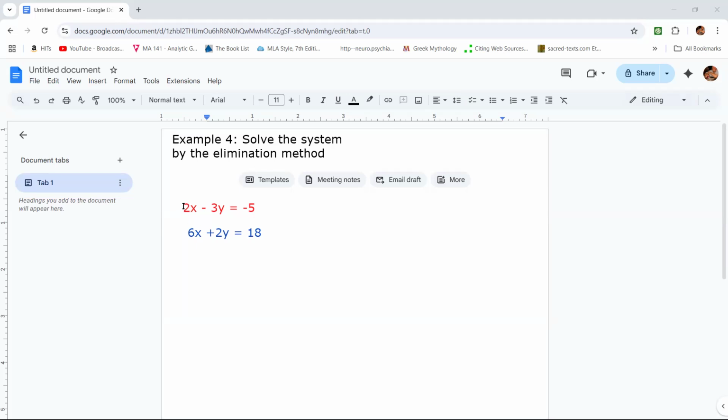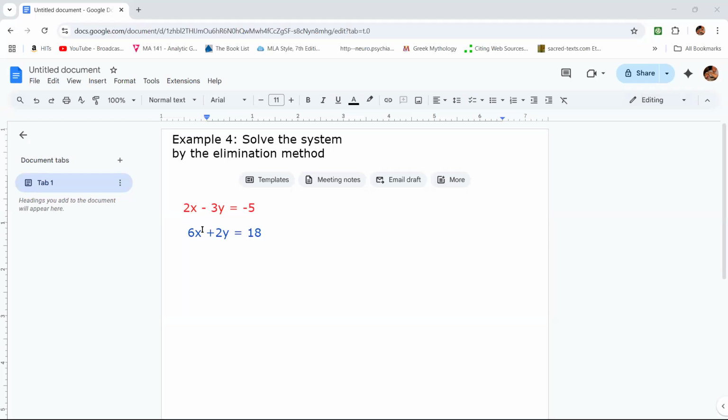I have a 2 as the coefficient of this first x term. I have a -3 as the coefficient of the y term. I have a 6 as the coefficient of this blue x term, and I have a 2 as the coefficient of this blue y term. So I don't have opposite coefficients, so nothing will cancel.